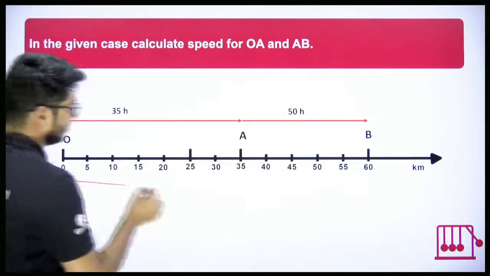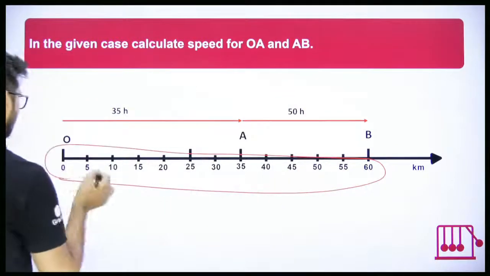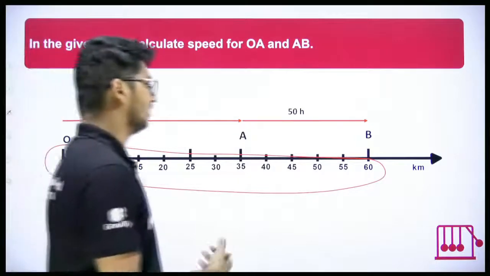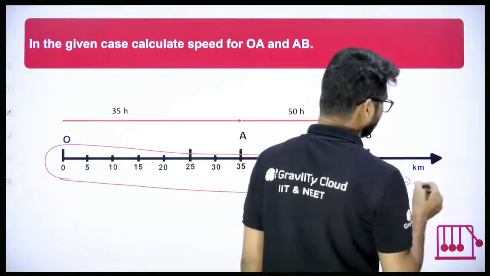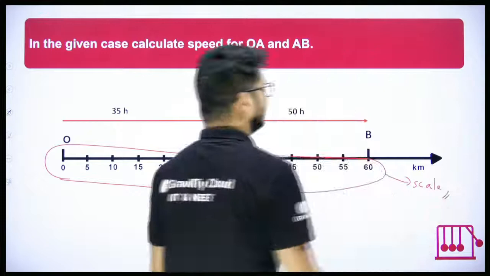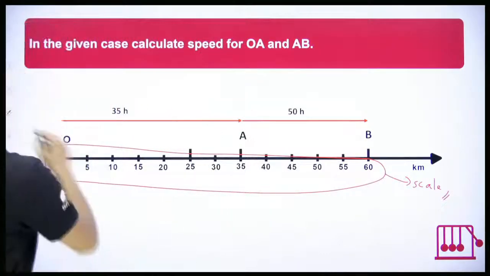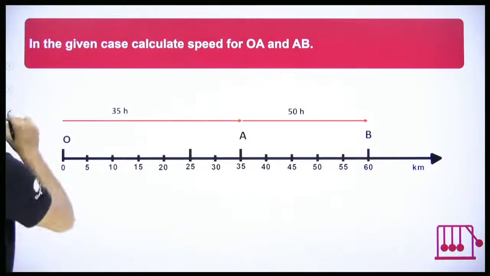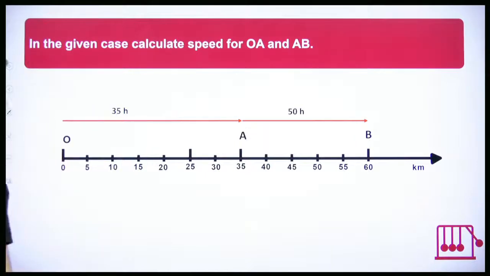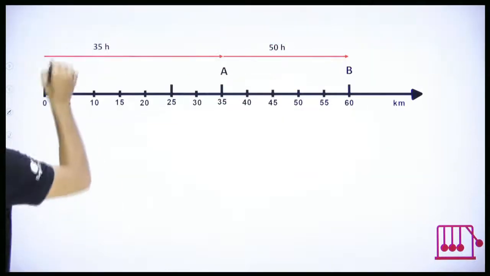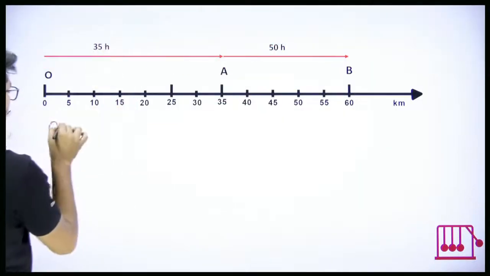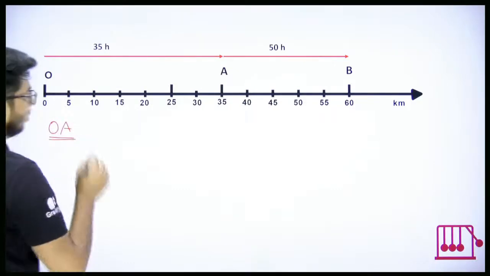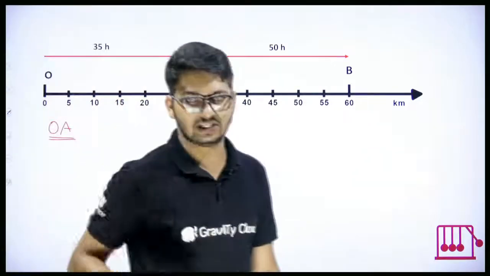Now you can think of this as a scale. It's a number line, but you can think of it as a scale. Okay. So let's take OA first. Now we know that speed is equal to distance by time.